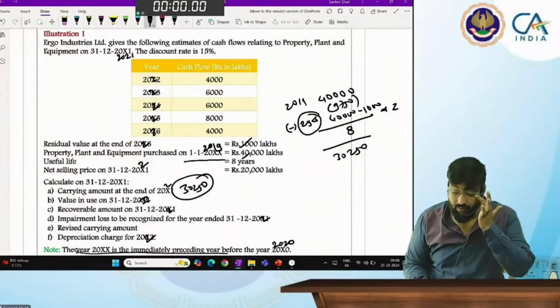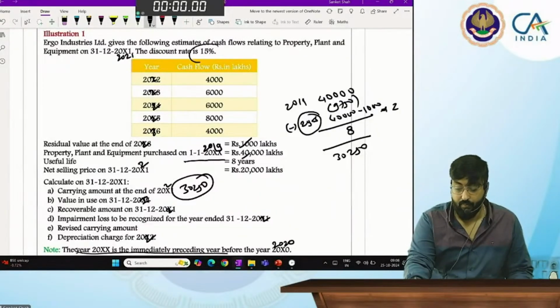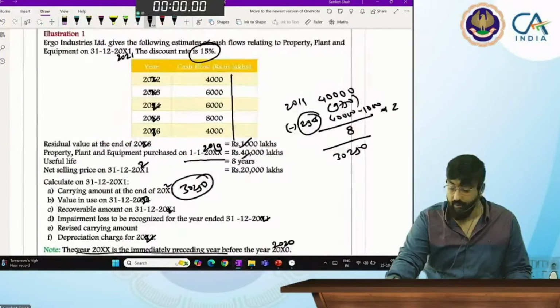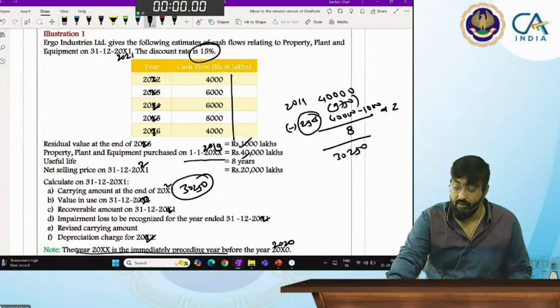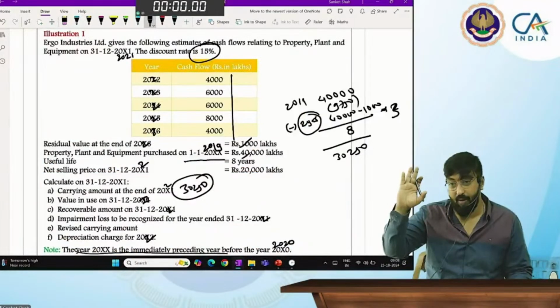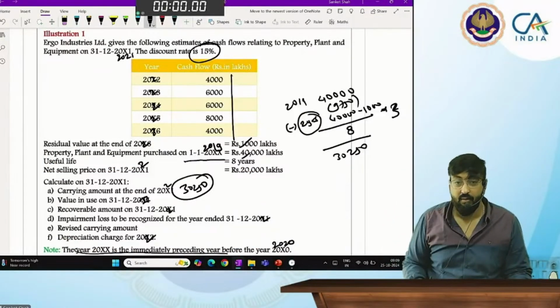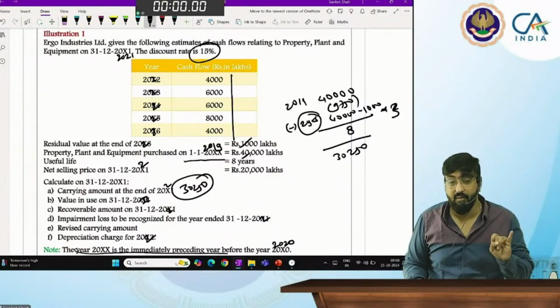What is the cost of capital rate? 15%. So 25,370 by, sorry, 21 है ना, 3 साल का डेप्रिसिएशन लेना था. My mistake. 3 years, because 19, 20 and 21, 3 years are completed.